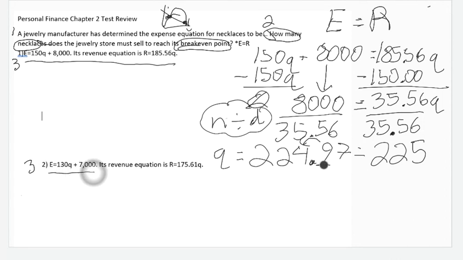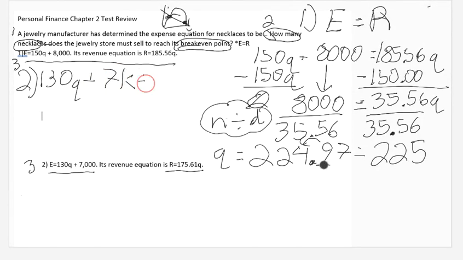Let's go ahead and do the second equation. So this is for number 2, and that was for number 1. So 130Q plus 70,000, and I'm going to put that as 70K, is equal to 175.61Q, and we're going to deduct it from each side.